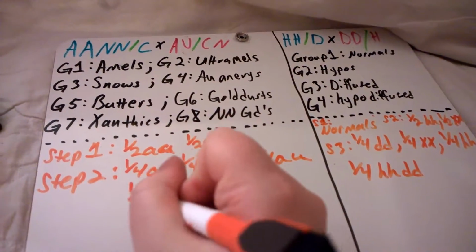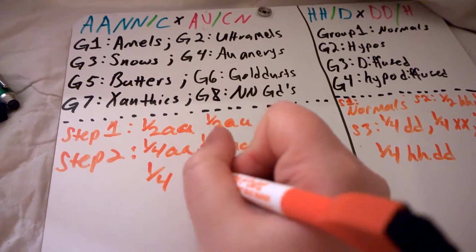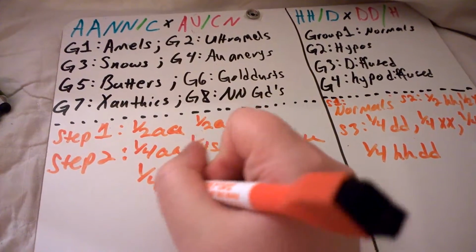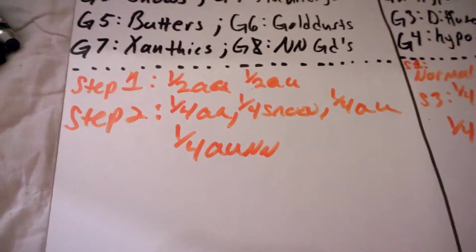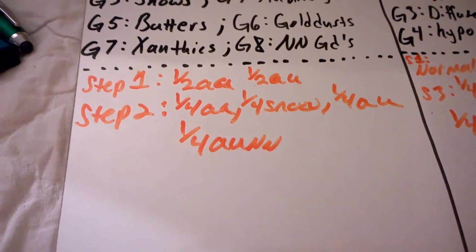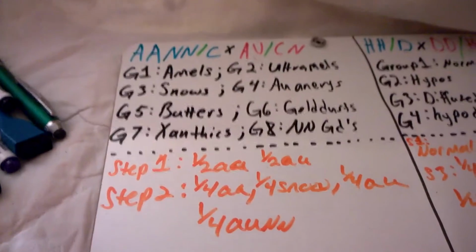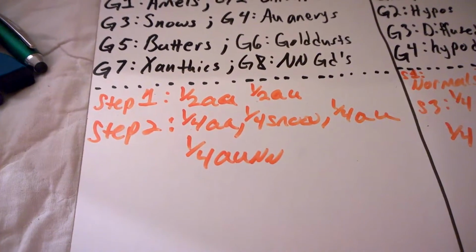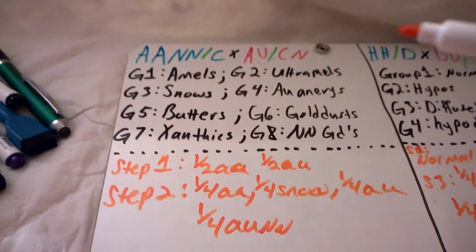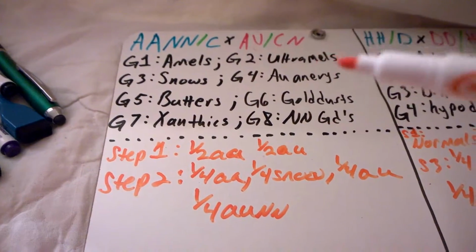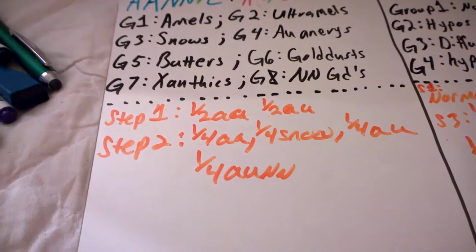And then 1/4, let's see, I'm just going to say AUNN, ultramel anery. Okay, so that's what happens, and if that caramel wasn't up there, we would be done. If that caramel wasn't up there, it would only take 2 steps to figure this out. But since both of the parents are het caramel, we have a little bit more work to do.